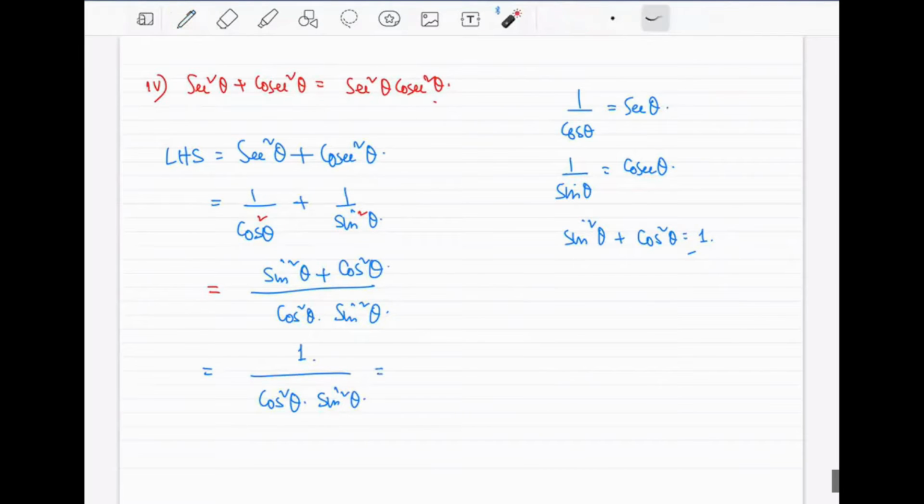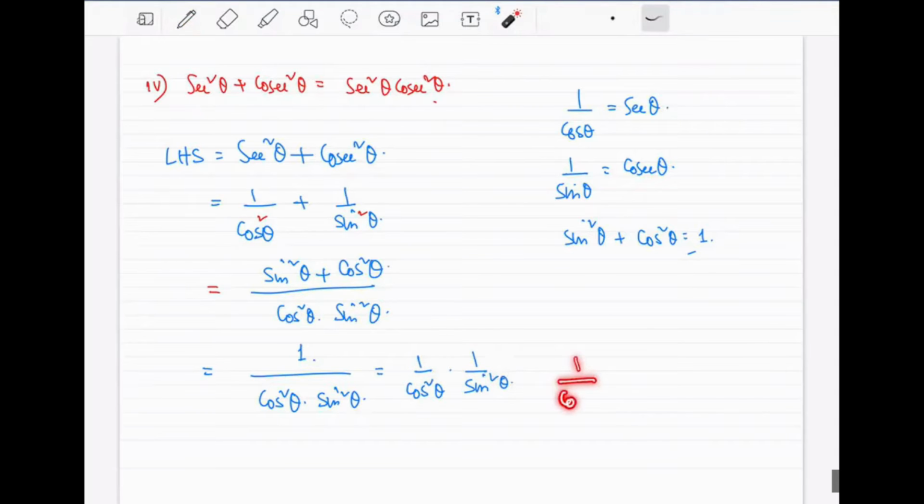Okay, then. If I have 1 by AB, I can change this as 1 by A into 1 by B, right? We will do the same thing here. We will separate 1 by cos square theta and 1 by sine square theta. So we will write 1 by cos square theta, put a dot in between, or if you don't, it's fine, 1 by sine square theta. Ignore that there is a square.